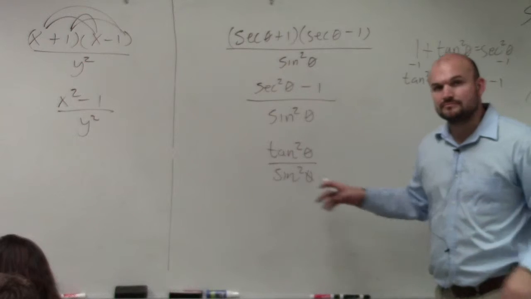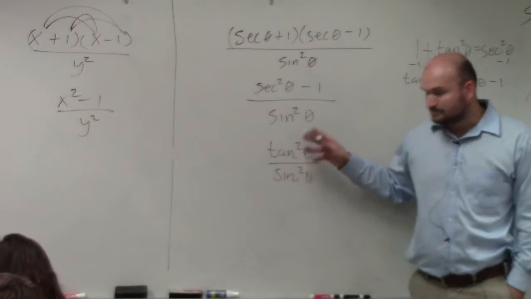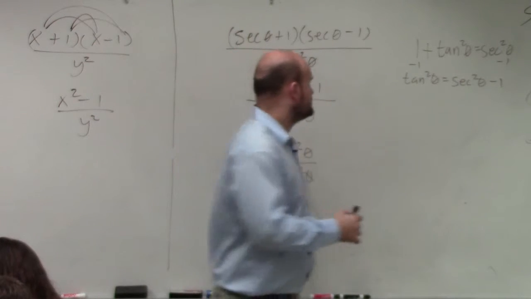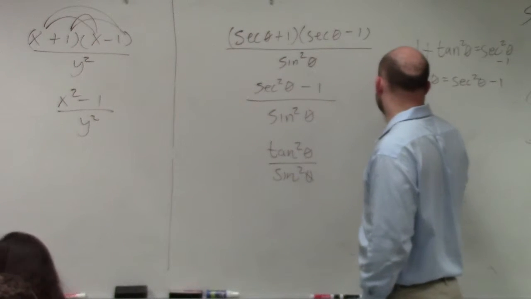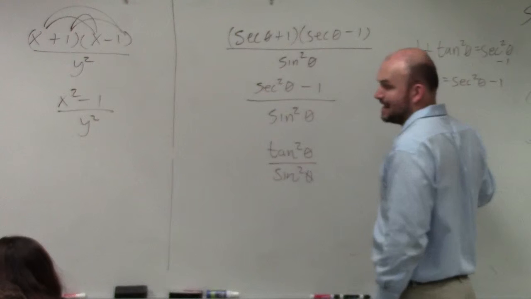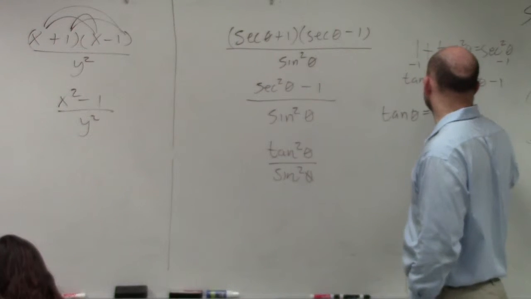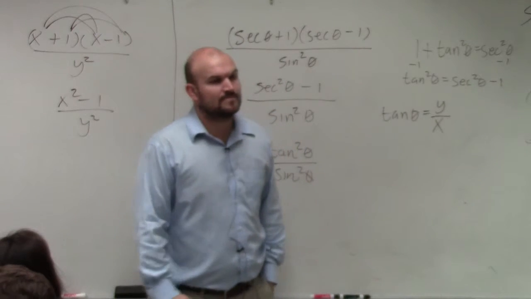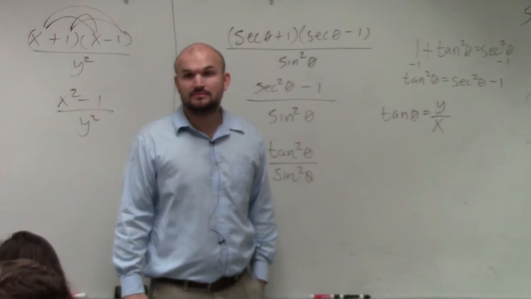But now in this problem, we still want to get this down to one trigonometric function. So I go back to what tangent represents. When tangent had an angle crossing a point on the unit circle, we said it was y over x, right? Sine theta over cosine theta. Correct? Yes. OK.